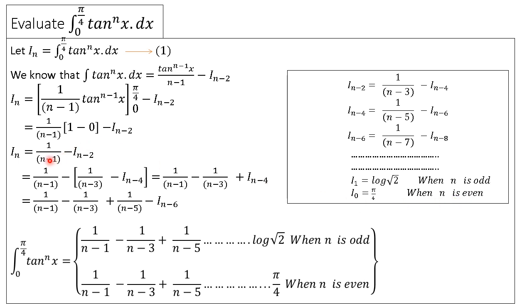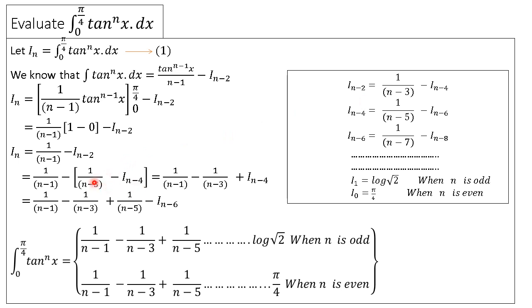Okay. Come to this point. Here I_n is equal to 1 divided by (n minus 1) minus I_{n-2}. Here substitute the value of I_{n-2}. Here I_{n-2} is 1 divided by (n minus 3) minus I_{n-4}.